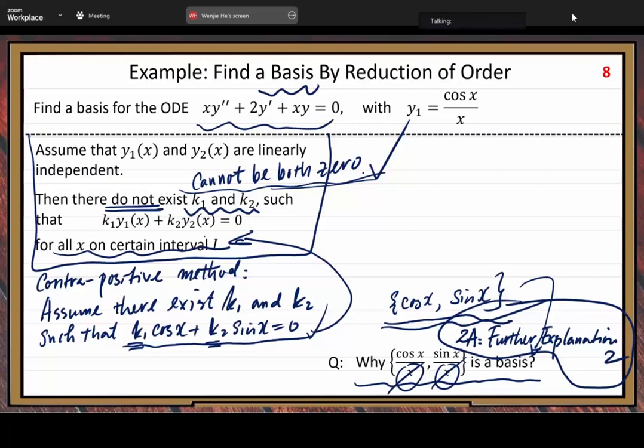The derivative of cosine gives negative k1 sine of x plus k2 cosine of x equals 0.